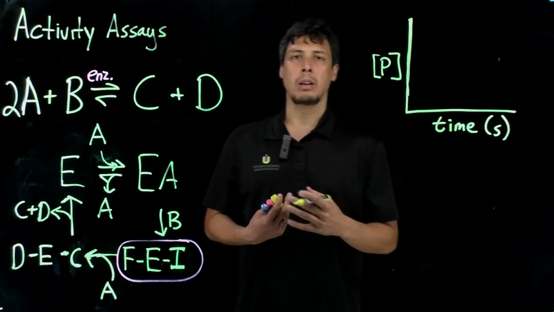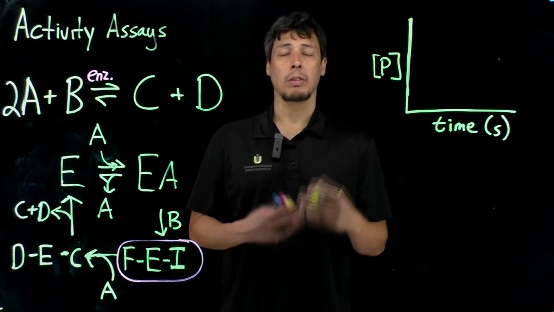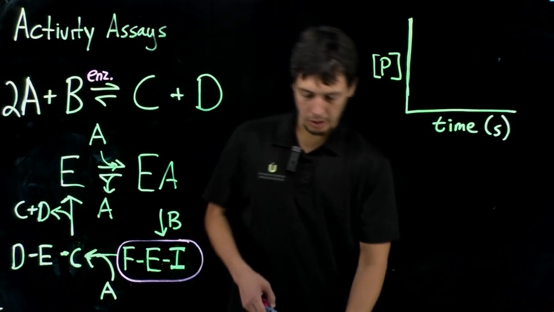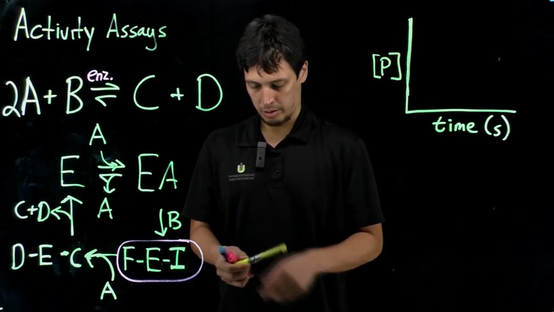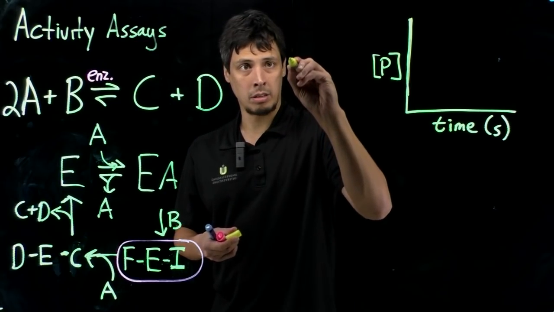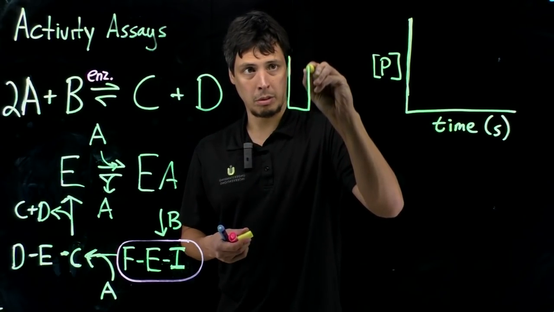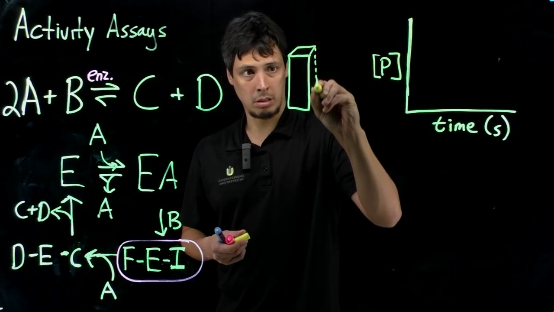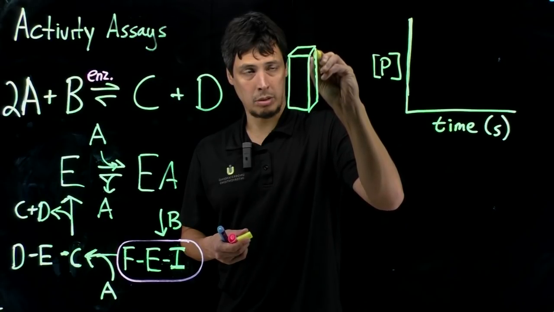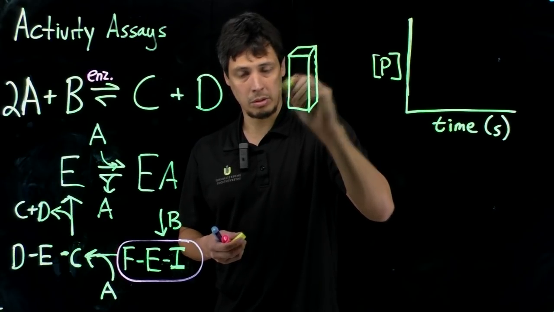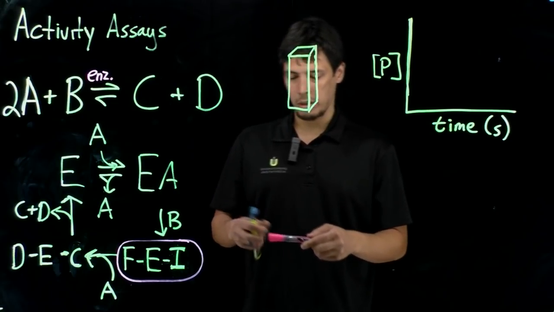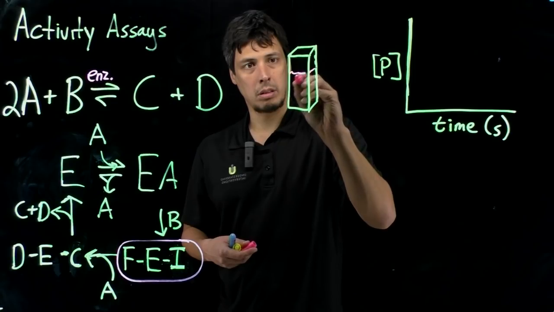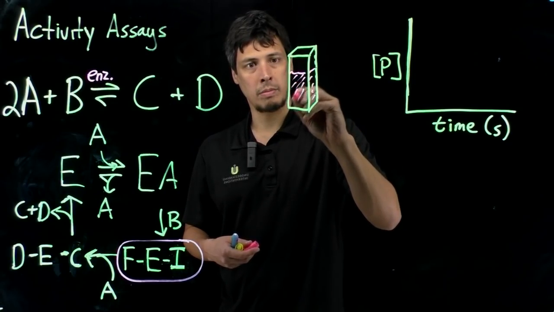So depending on how we're able to detect this product, if we're able to detect this, for instance, by UV-vis absorption spectroscopy, then what we can do is have a cuvette, as you probably used in your general chemistry classes or organic chemistry, and we can make a solution of the protein. We'll just pretend like the protein's red, just to make it easy on ourselves, okay?